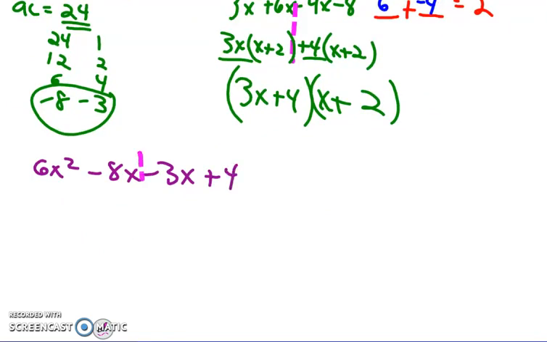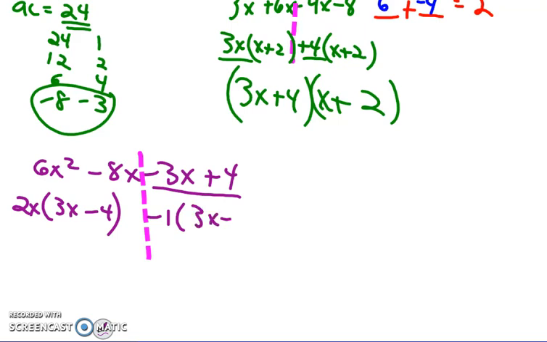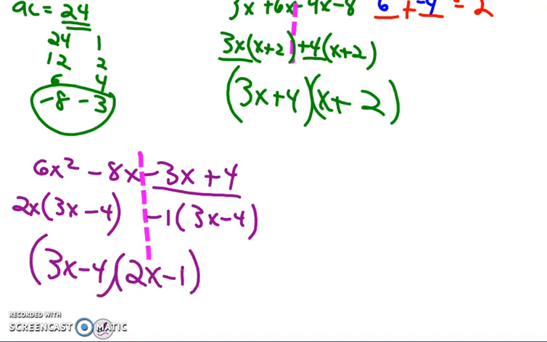Factor by grouping. Factor the GCF out of the first two terms, which is 2x. 3x minus 4. And then, how do I get a 3x minus 4 from those two guys? What do I have to factor out to change the sign of those? I have to factor out a negative 1, which leaves me with 3x minus 4. And then finally, I got 3x minus 4 times 2x minus 1. All the factoring is now done.